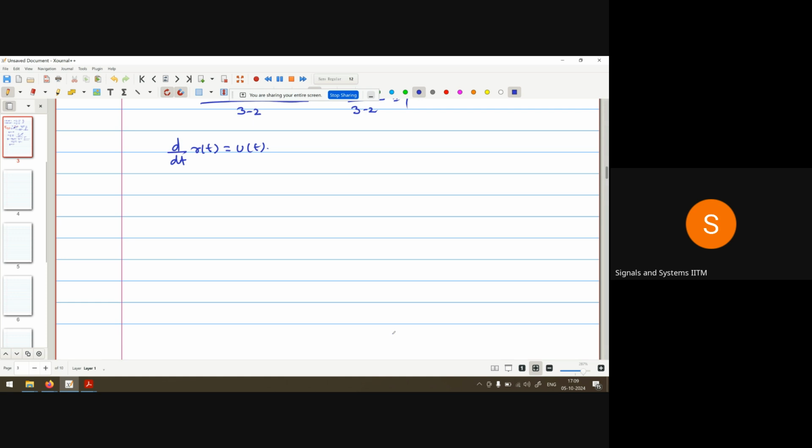Okay. So the r of t signal, if I do the differentiation, becomes the u of t signal. If I do the differentiation again, it becomes the delta t signal.